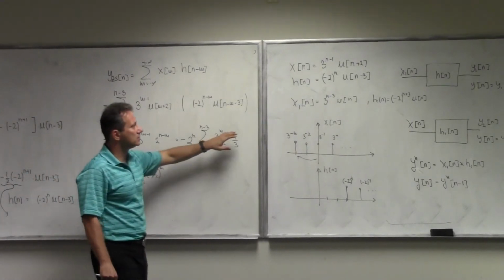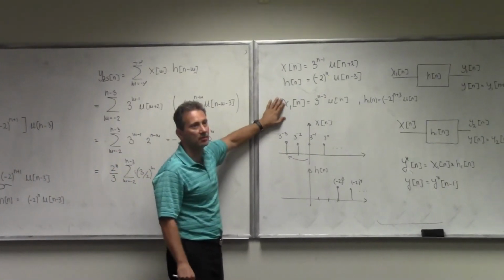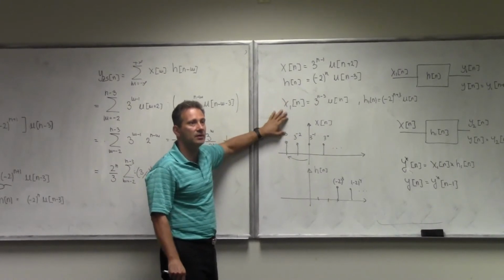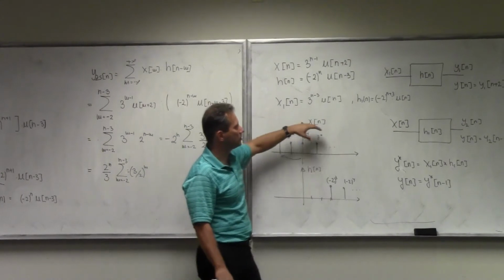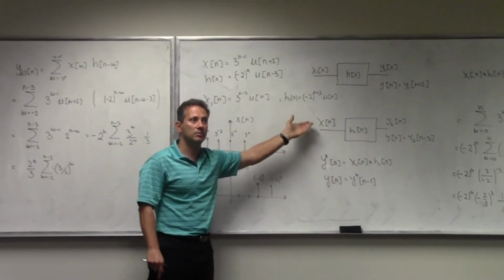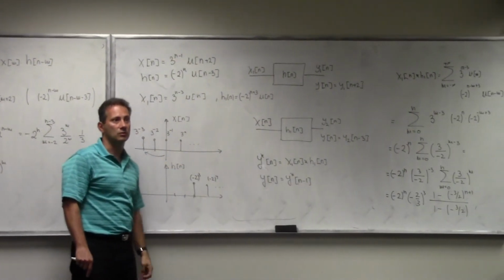But really, this is how I want you to approach these problems. Make everything shift to 0, and then the overall response is whatever shifts in the input and output you need to do.